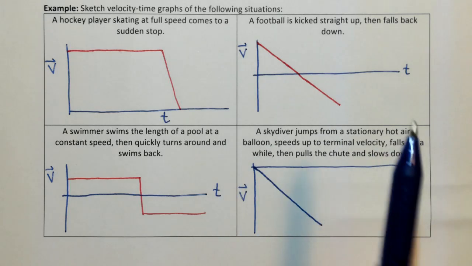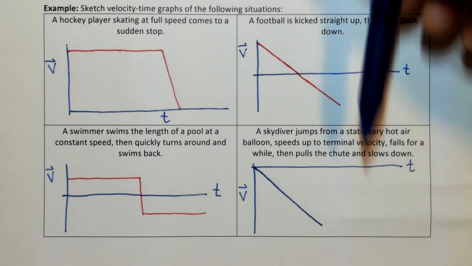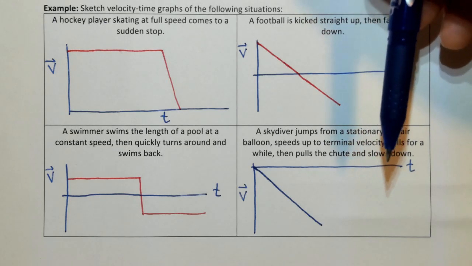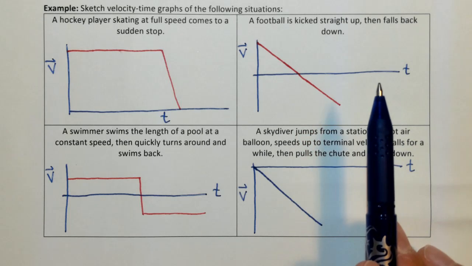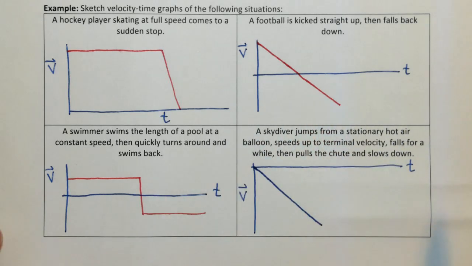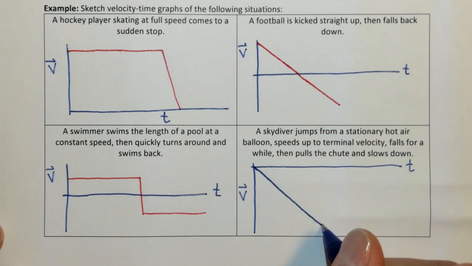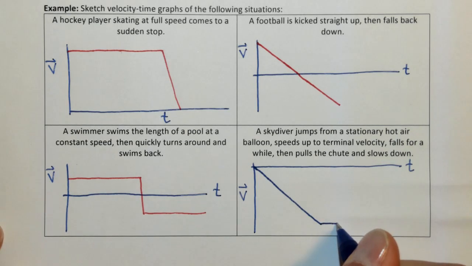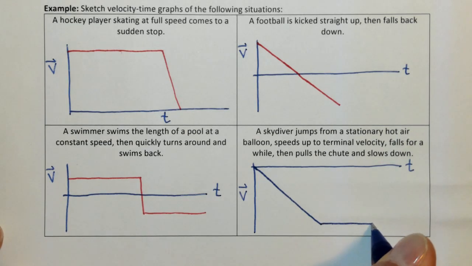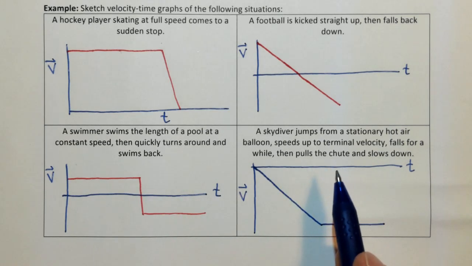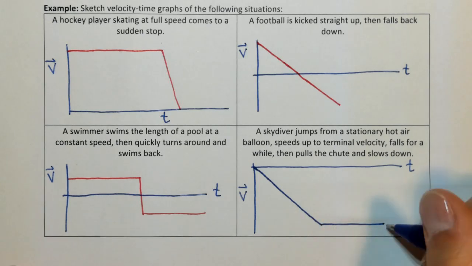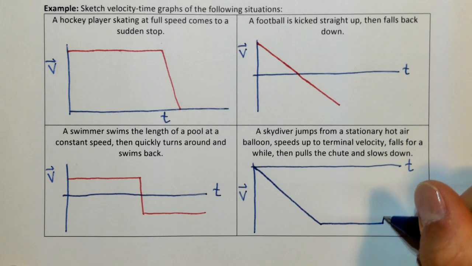So there reaches a point where the force of gravity pulling you down is totally canceled out by the force of the wind pushing you up. And so you feel no overall force. They kind of cancel each other out. And you just stay at the same velocity. Then when you pull your parachute, you will quickly slow down, meaning your velocity will become very quickly a lot closer to 0.